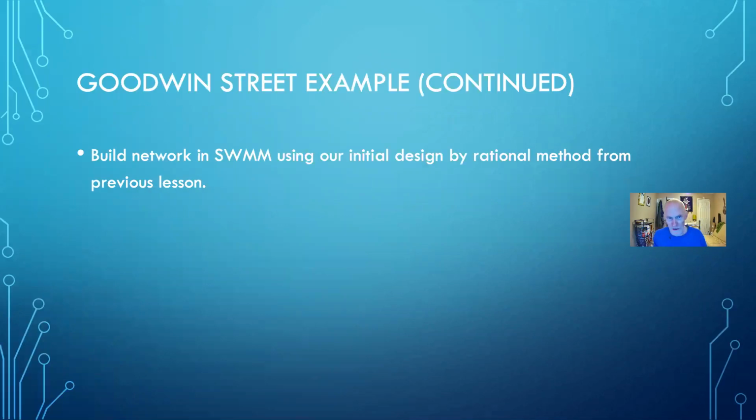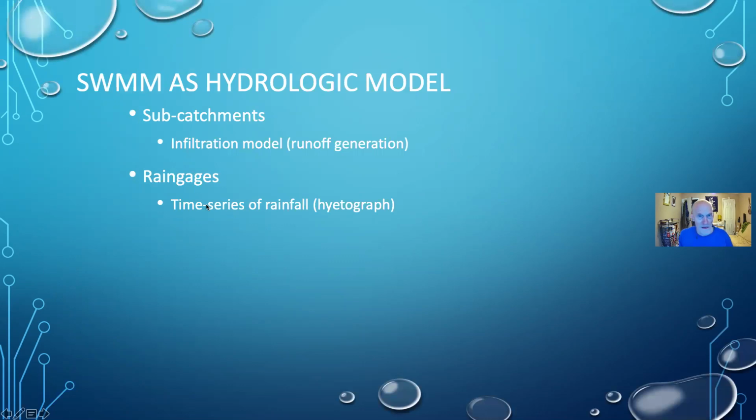So Goodwin Street, our goal from last time was to build a network in SWMM using the initial design from the rational method that we had in our previous lesson, and then apply SWMM to that. To do that, we're ultimately going to want to invoke SWMM as a hydrologic model. So let's go through some of the steps of that, and then we will go back to the example.